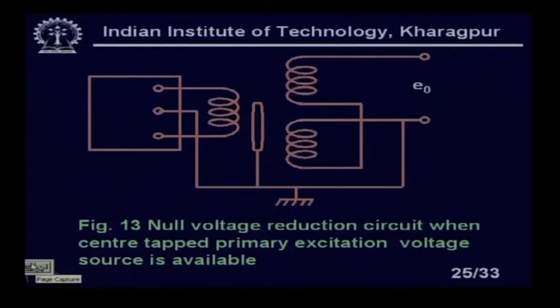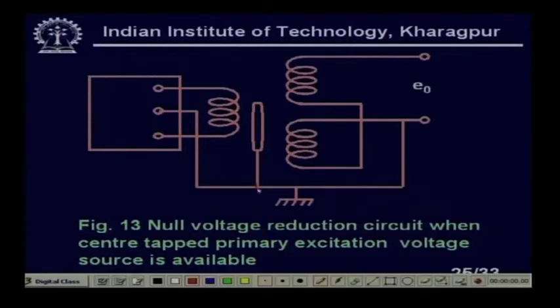It will come out like this, right. So, I have a center tap primary source available, and this center tap is connected to the ground of one of the output terminals, and now I am getting outputs. In this case you will find the null voltage will be zero, right.